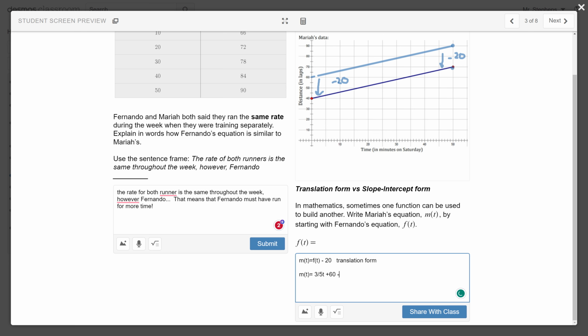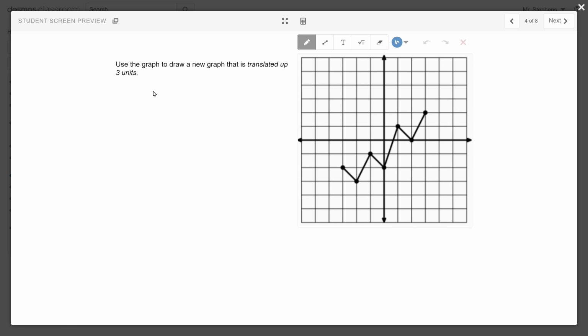And we're going to subtract 20, which gives us m of t equals 3 over 5 t plus 40. Yeah, it's exactly what we had before. Okay, there you go.